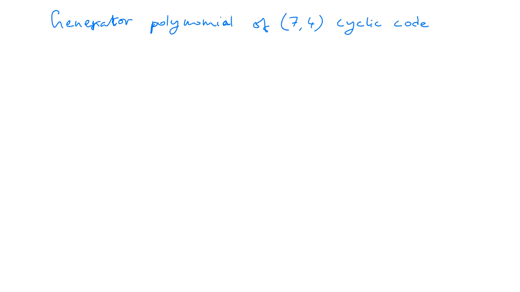Okay, now the first thing that we need to understand about the generator polynomial is, because it's an (n, k) code, n in this case is 7 and k in this case is 4. That means the messages have 4 bits each. So we write messages as polynomials, it will be of degree 3. If the length of the message bit sequence is 4, then the degree of the polynomial is 3, right?